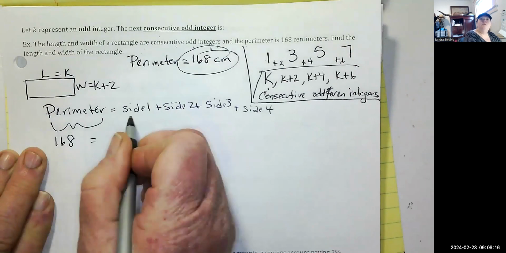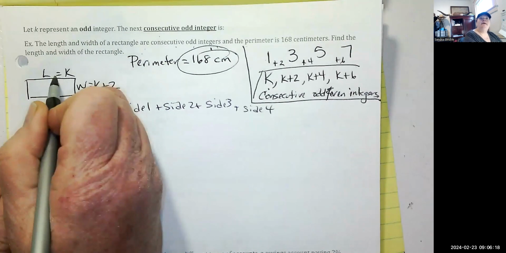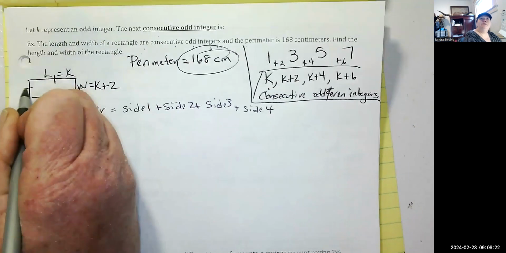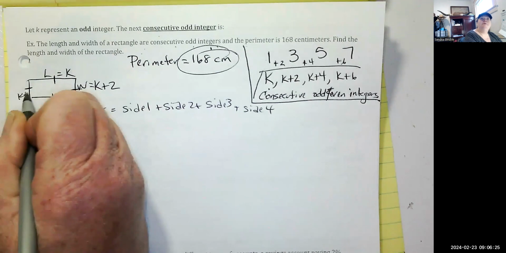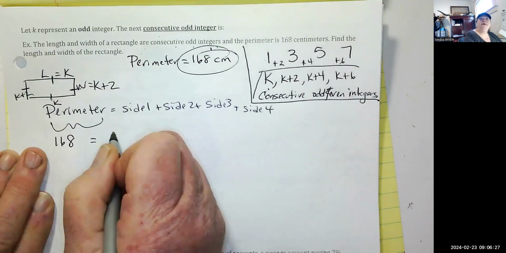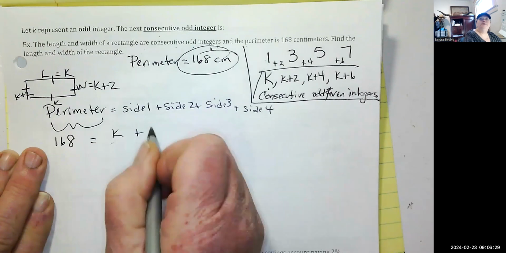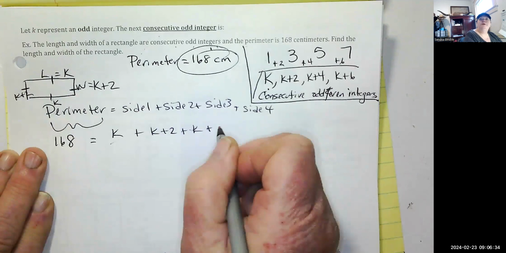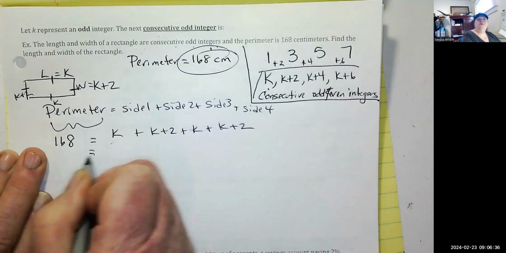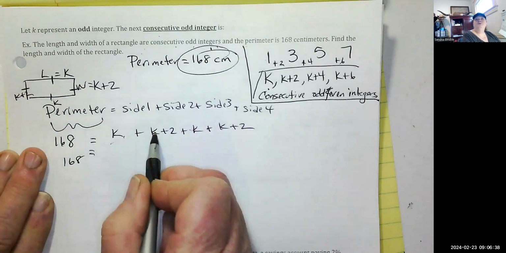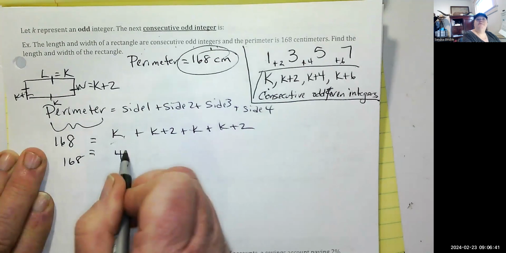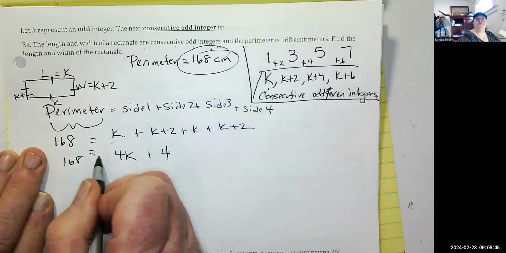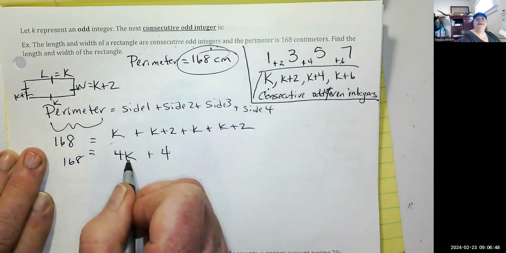Side 1, well, if this side's k, then this side has to be k. If this side's k plus 2, this side has to be k plus 2. So side 1 is k, side 2 is k plus 2, side 3 is k, side 4 is k plus 2. That's 1, 2, 3, 4 k's, and 2 plus 2 is 4. This is just combining like terms. I can't combine anything else.